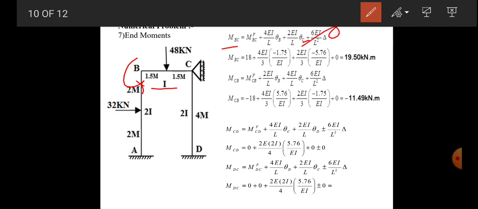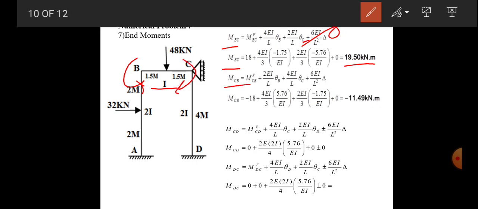Now theta B and theta C will be there because at B and C there is a rotation. So by putting in the values of theta B and theta C as calculated earlier, it becomes MBC is equal to MFBC is 18 plus 4EI by 3 into minus 1.75 by EI plus 2EI by 3 into 5.76 divided by EI. It becomes plus 0, which is equal to 19.50 kilonewton meter.